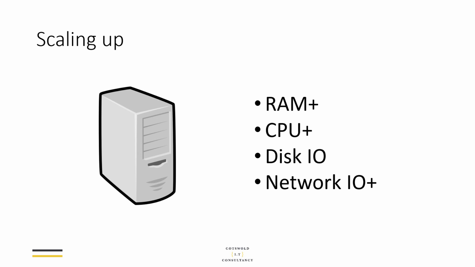And obviously, if your limitation is RAM and you put more RAM in it, then you're going to raise that performance level until the next resource hits the limit, whether that's more RAM or whether it starts becoming CPU bound. The difficulty, of course, is that at some point those larger machines can become disproportionately more expensive depending on your provider.